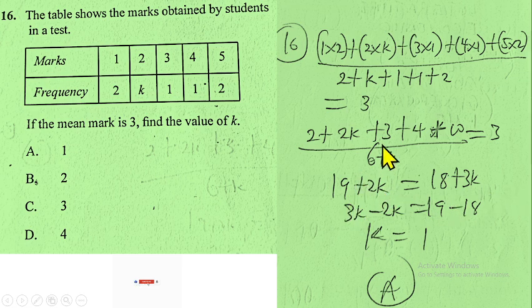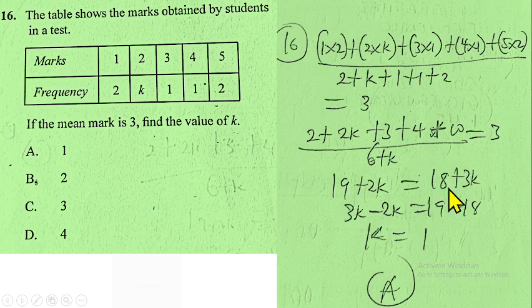Then from there, you can simplify further. 2 plus 3 is 5, plus 4 is 9, plus 10 is 19, plus 2k, that gives us 19 plus 2k. Then we can cross multiply from there. 6 plus k multiplied by 3 gives us 18 plus 3k. From there, you can collect like terms. You can take 2k to this side, then this comes here.